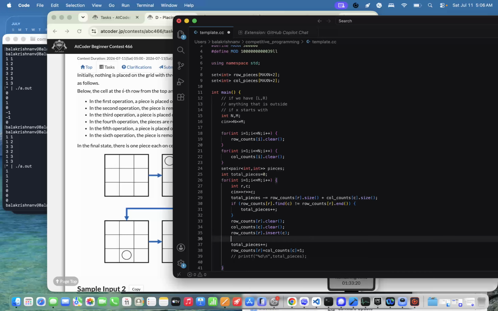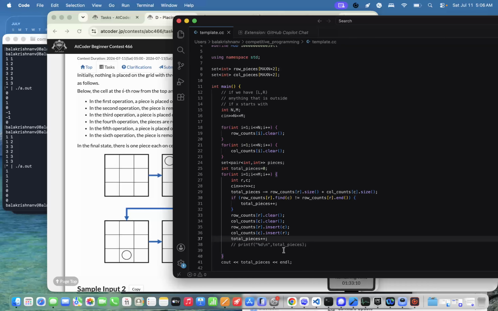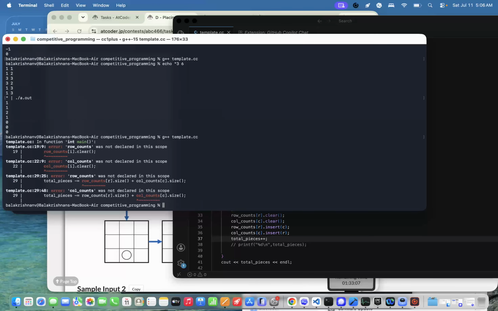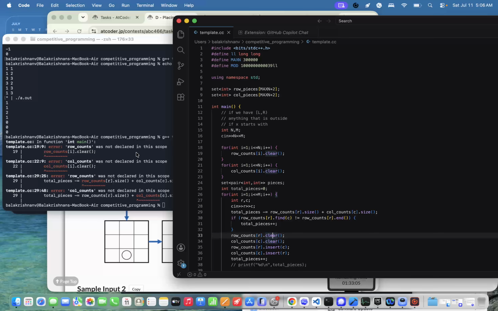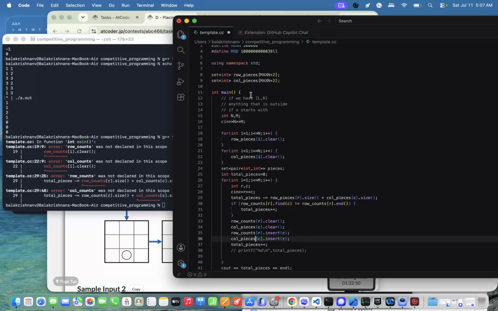Insert of C. Col counts of C dot insert of R. Yeah. Row pieces and col pieces. Col pieces.